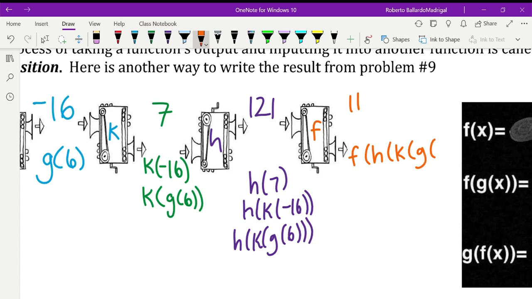What was the number we started with? 6. F of h of k of g of 6, relative to the first part that we did, which was g of 6.